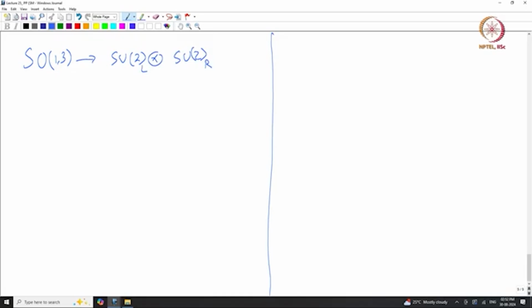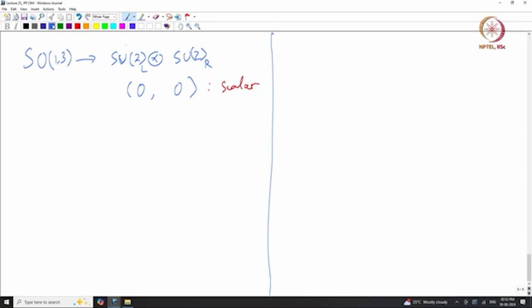So now if I want to write, because I can charge states in both the left and the right one, right. So if I want to write a scalar, what do I do? I just say that it is a singlet under both the left and the right, okay. It is a singlet under SO(1,3) entirely, but now I have to write it differently. So for a singlet I am going to represent it with a 0, should be an intuitive notation, right. So that is what I would call a scalar.